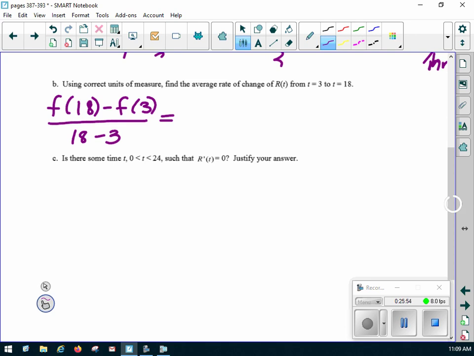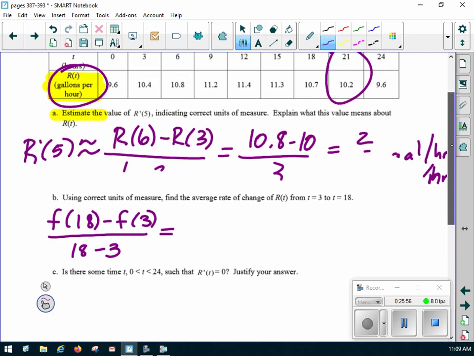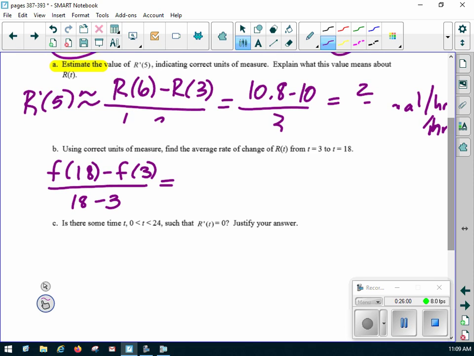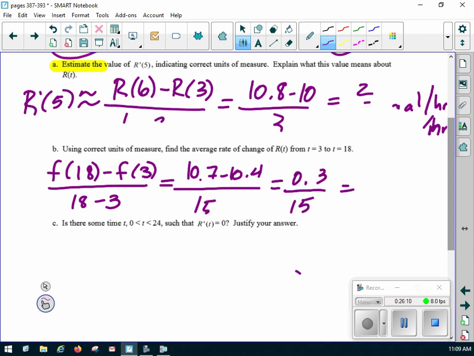There's no theorem, we're just working. f of 18, 10.7. f of 3, 10.4. Is that 0.3 over 15? Is that 1/50th?